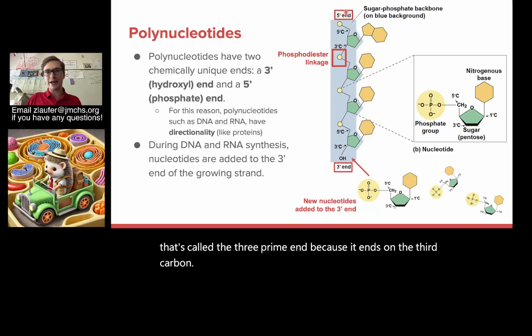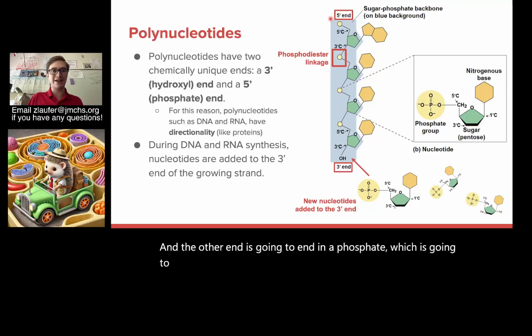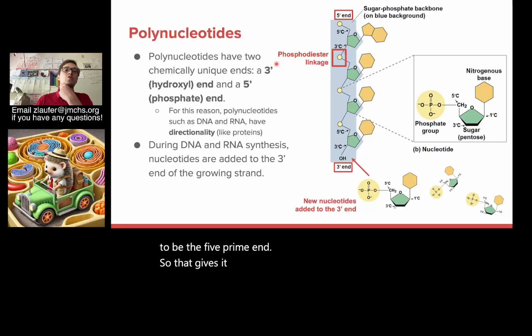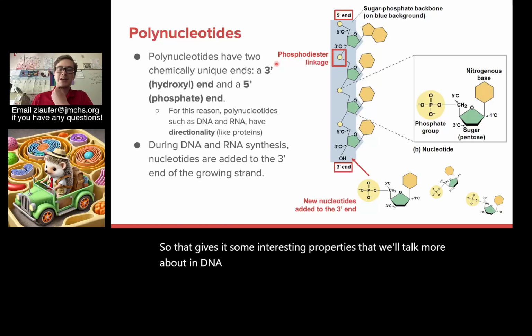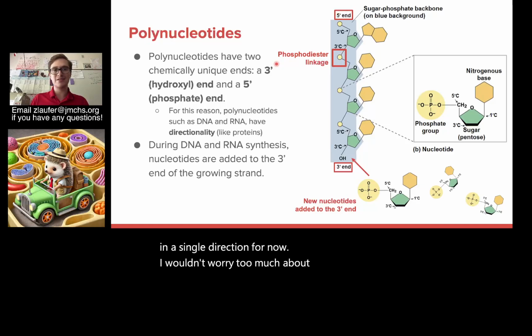And the other end is going to end in a phosphate, which is going to be the 5' end. So that gives it some interesting properties that we'll talk more about in DNA replication. It means that we can only grow a strand in a single direction. For now, I wouldn't worry too much about it, but knowing that the two ends are distinct is good.